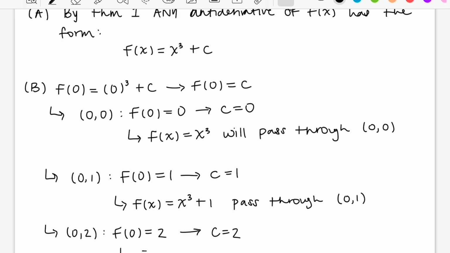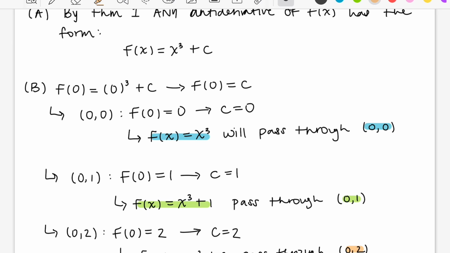And we can conclude that our function is going to be x cubed plus 2, that passes through the point 0, 2. And so we're going to color code these for the graph here, because the question asks us to graph it.